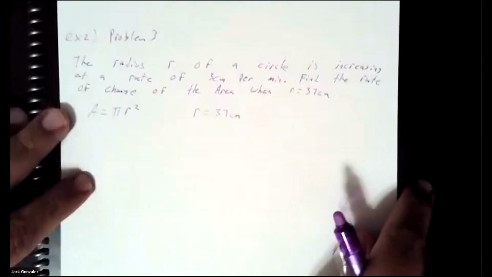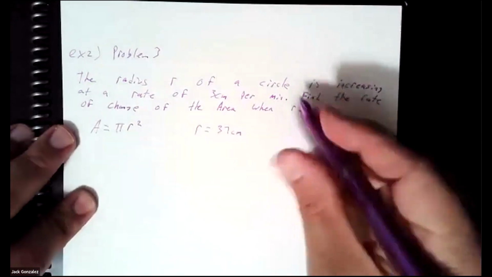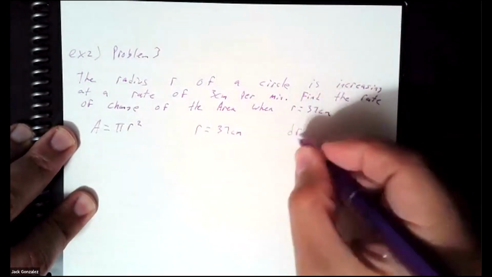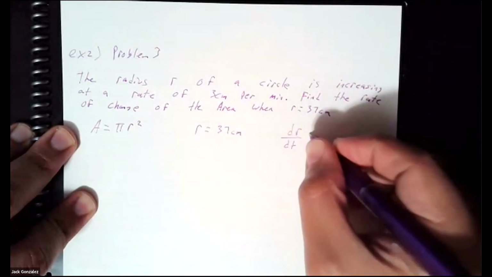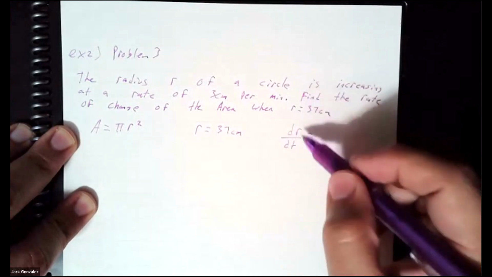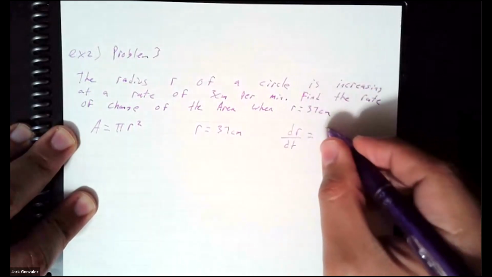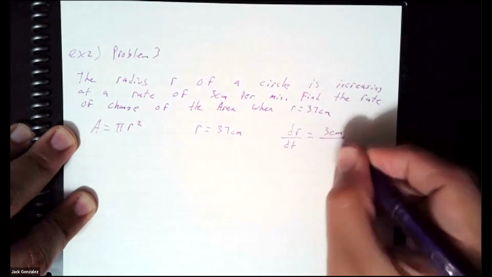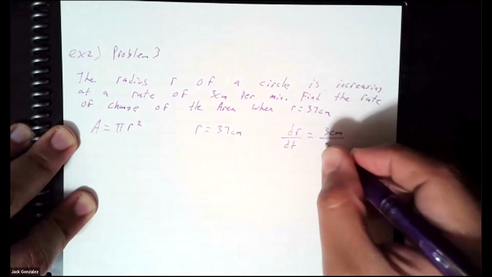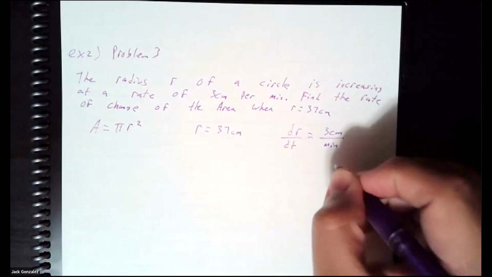So what they gave us was dr dt. So when we read these problems, we have to remember, okay, what is what? What are they saying? So dr dt is the change of radius per minute. Per meaning over a minute, right? Yep.